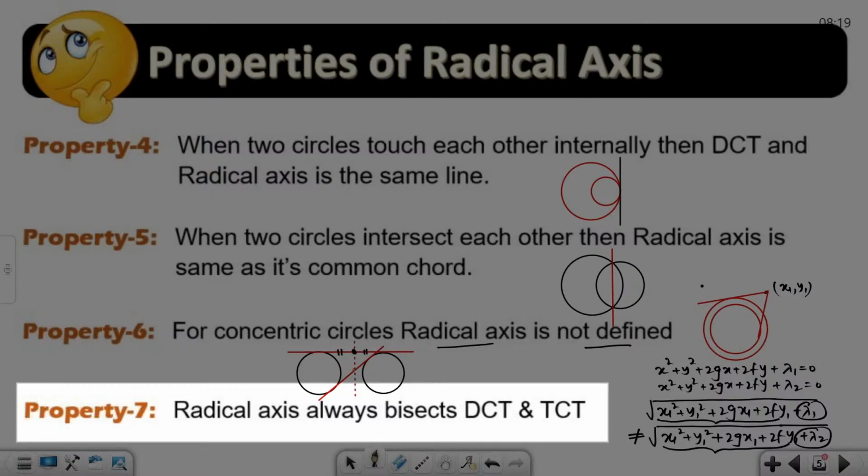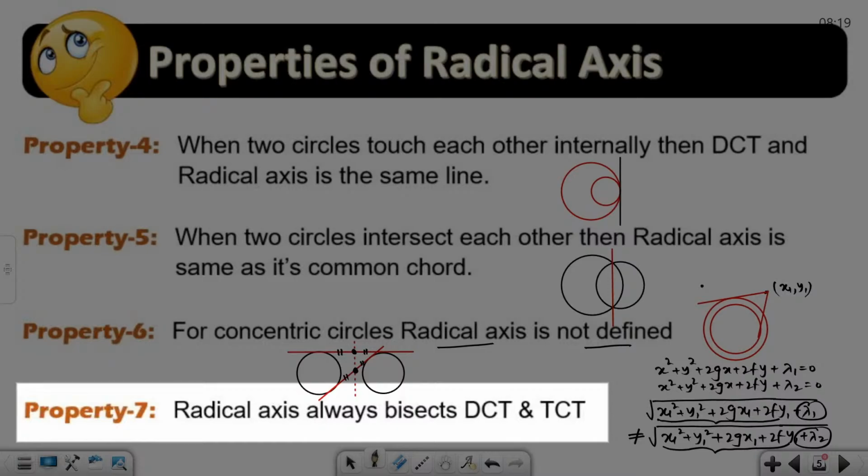At the same time, if you choose this point on the radical axis, again the lengths of the tangents drawn to the two circles will be equal. Thus, the selected point is basically the midpoint of the transverse common tangent, right? So the property says any radical axis for two circles will always bisect its direct common tangent as well as the transverse common tangent. Is it clear to everyone?